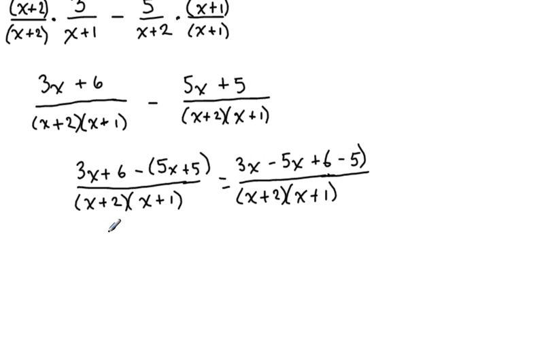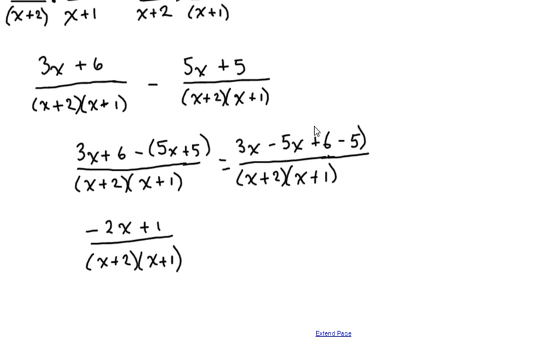So 3x minus 5x is negative 2x. And 6 minus 5 is a positive 1. And this is all over x plus 2 times x plus 1.